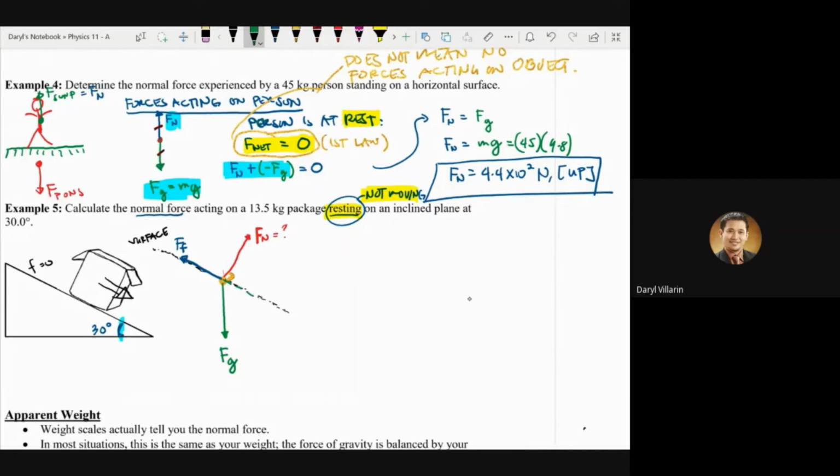You have this one here, and I'm going to call this the component of the weight that is parallel to the surface.